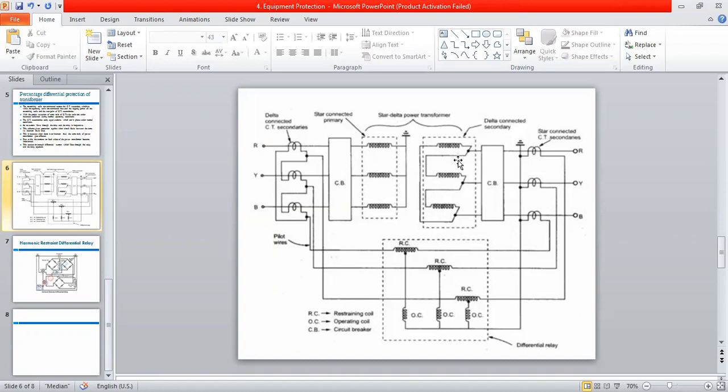Now, the secondary side is delta connected. Secondary side is delta connected. You can see if I consider the first point here, that is the R phase is here. Then it is connected through one winding to the B phase, through the second winding to R, then Y phase, then B phase, and through the third winding to again R phase.